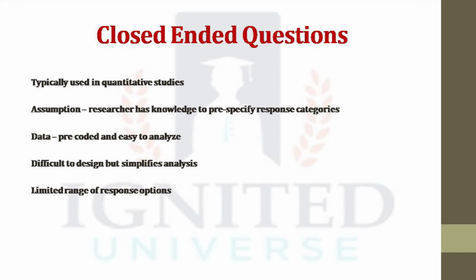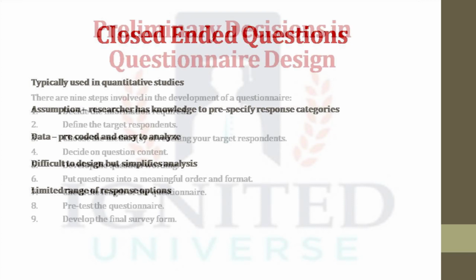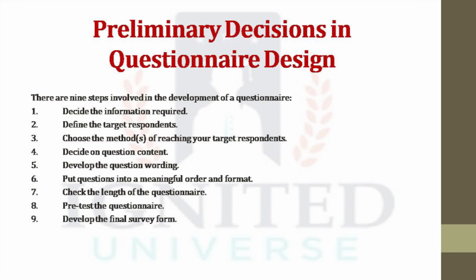After all these criticalities, let us take up preliminary decisions in questionnaire design. There are nine steps involved in the development of a questionnaire. Step 1, decide the information required. Step 2, identify the target respondents.